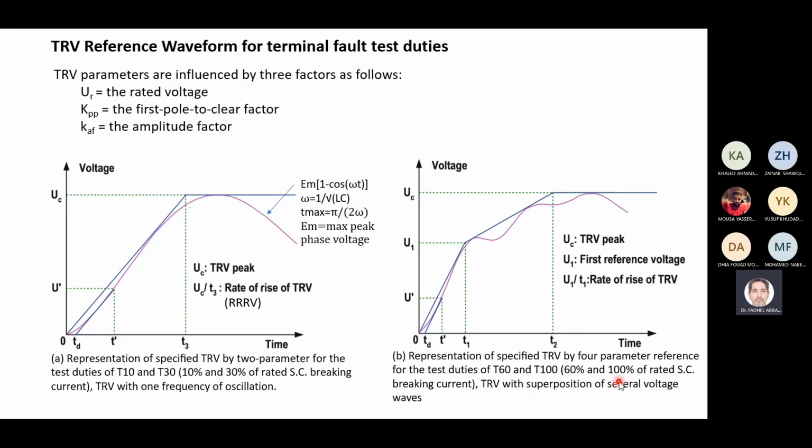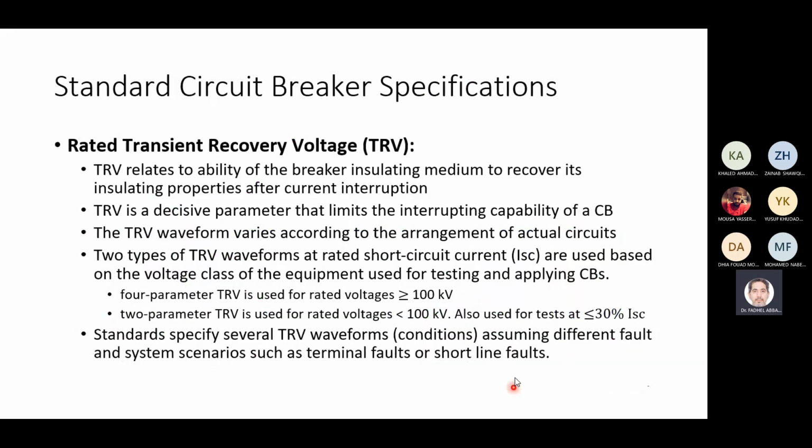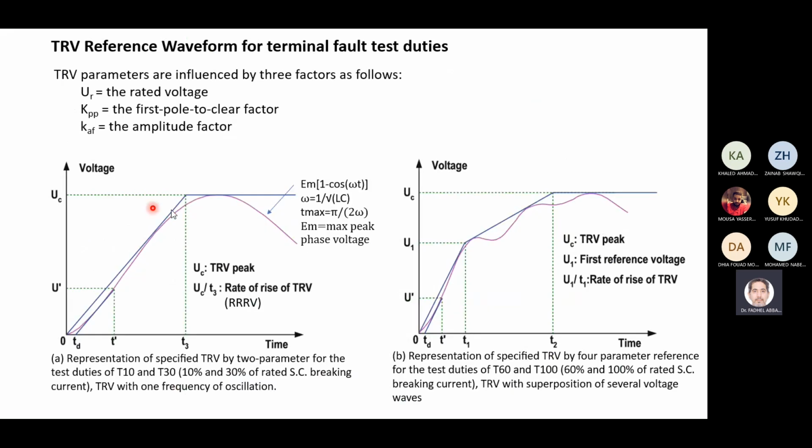This is normally the 4 parameter waveform used for circuit breakers rated more than 100 kV, and this is the 2 parameter waveform used for circuit breakers rated less than 100 kV.